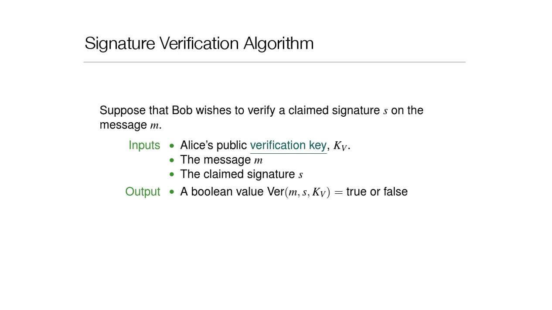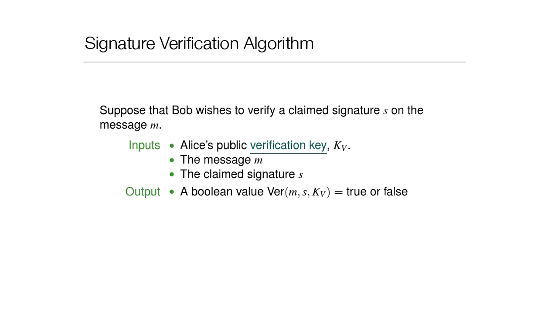What it does is check whether this tag is created using the correct message M. If that is matching, it outputs a true value, otherwise it outputs a false value, true or false, indicating whether this signature is created by using the signing key KS, which corresponds to this verification key KV, and the message M.